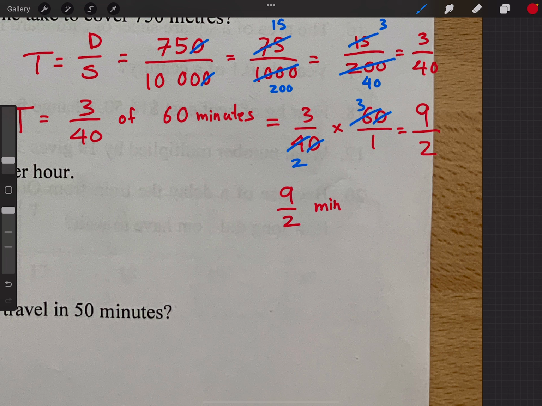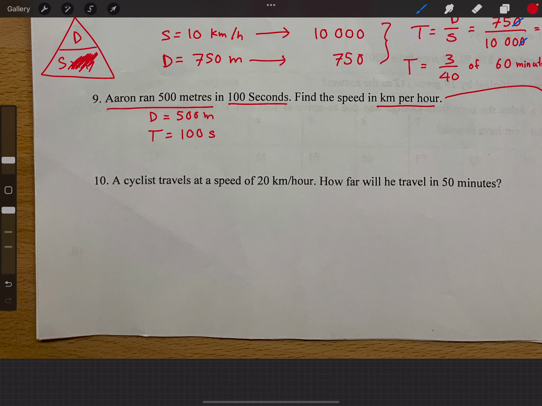And your time is given to us in 100 seconds. Find the speed in kilometers an hour. So what we can do is find a speed in meters per second, because this is meters, this is seconds. Then we can just convert it to kilometers an hour. That's the other way. So speed is equal to distance divided by time.